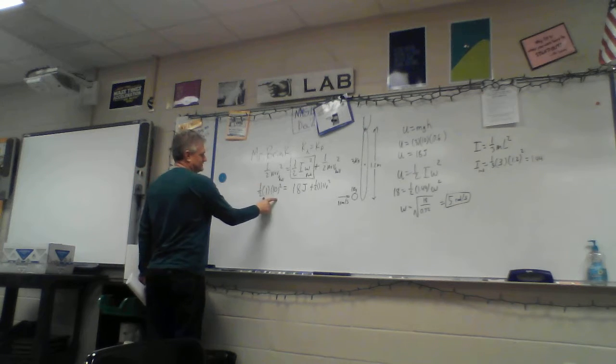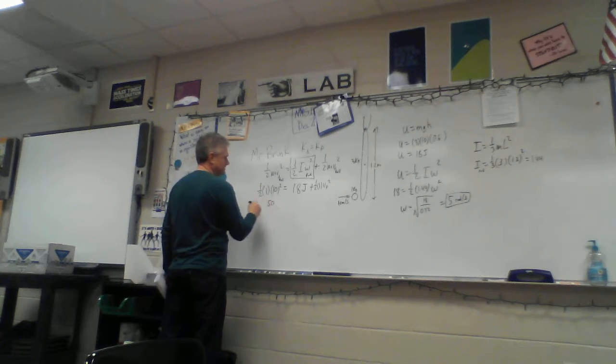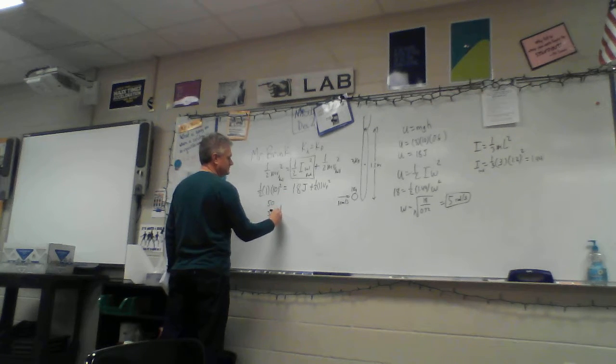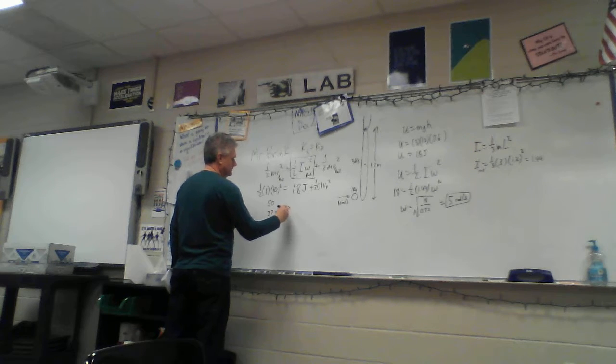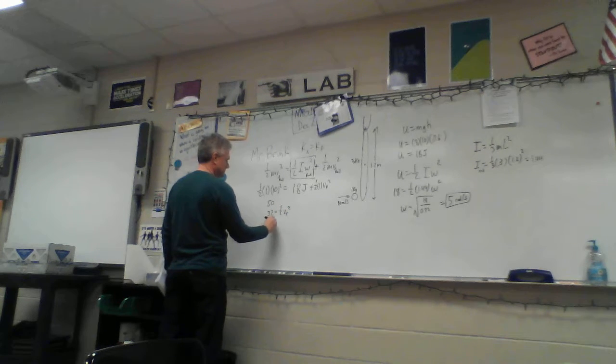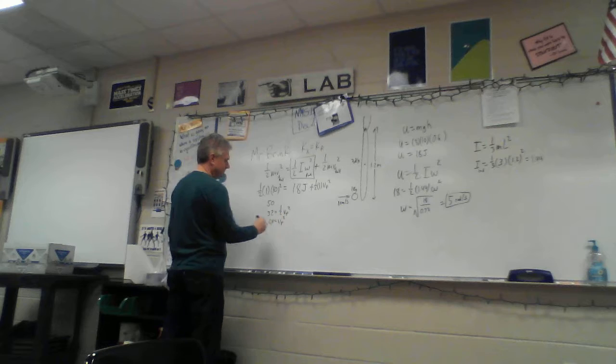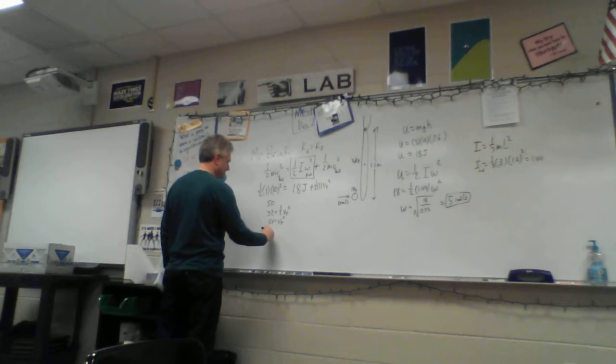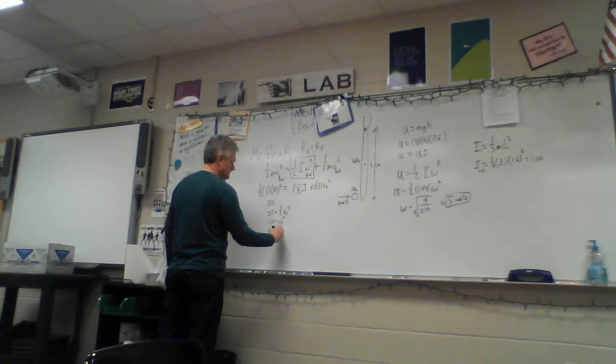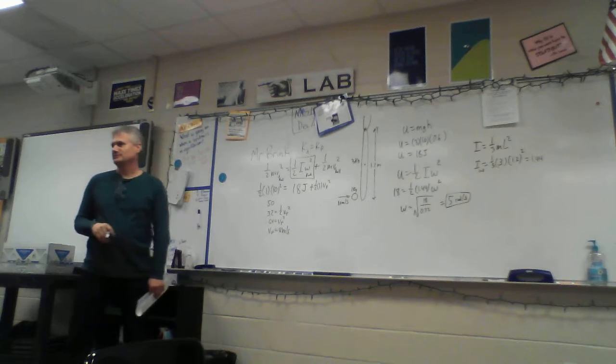So this is half of 100, or 50. Subtract 18, gives me 32. Multiply by 2, that's 64. It's V final squared, so V final is the square root of 64, 8 meters per second.